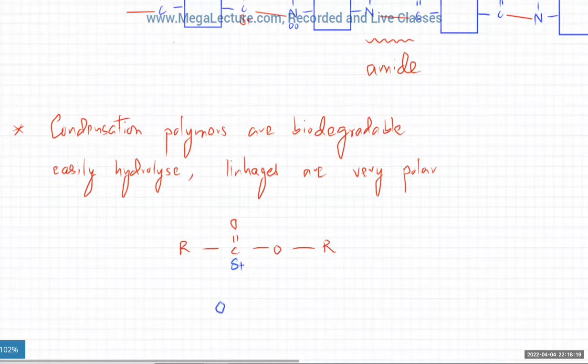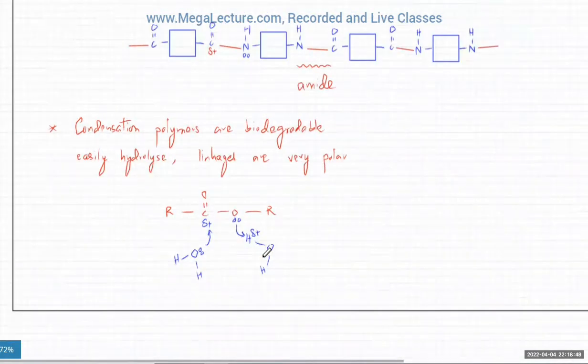So if there's a water molecule around, the lone pairs of the water molecule are going to get attracted to this positive carbon. Secondly, this oxygen has lone pairs, and the H in water has a slight positive charge, so it's going to get attracted to this oxygen. So the bonds will break. These linkages are extremely reactive, and they tend to hydrolyze very quickly.